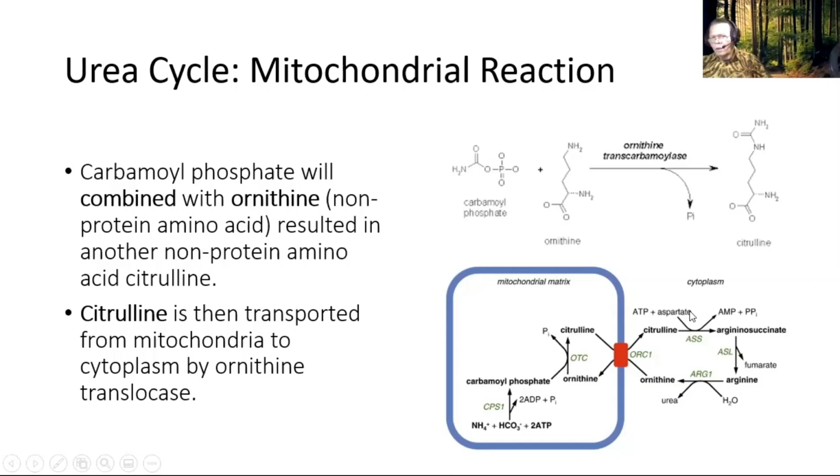Then the citrulline in the mitochondrial matrix will be transported into the cytoplasm by ornithine translocase.